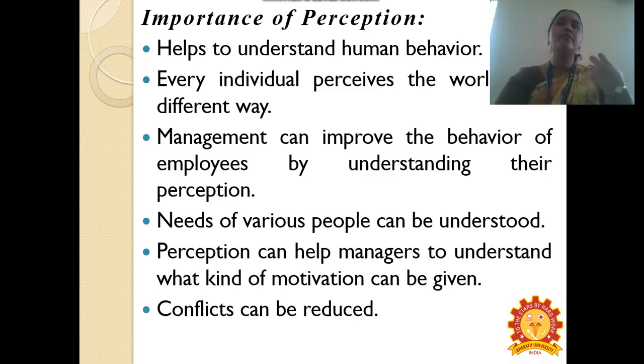So once the manager understands that this person has a good perception of the work environment, and views his organization as an asset, then the managers may be able to easily motivate the employees to perform better. And once perception is in place, then the conflicts between employees, between groups or between different levels of the organization can be reduced. So this is the importance of perception.